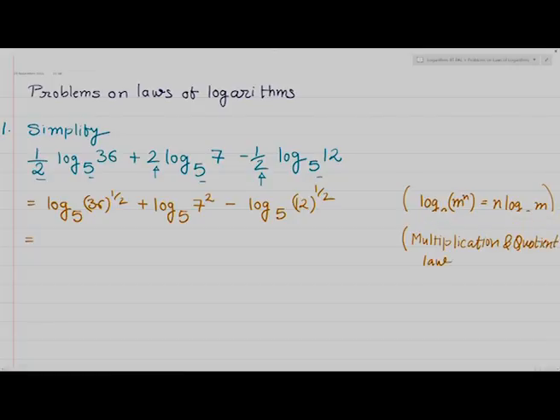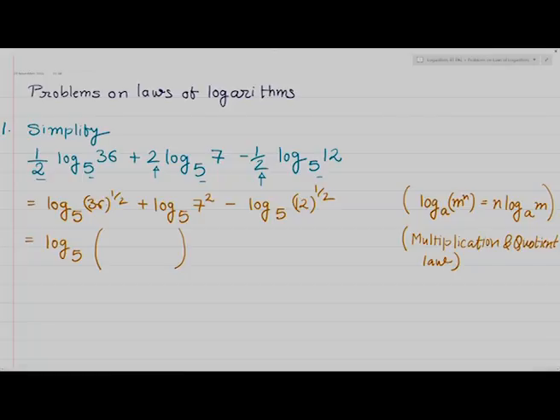These two laws will yield the result. Before doing that, what is the square root of 36? 36 is a perfect square. So, this will be log to the base 5, and since I am using the multiplication rule, I will write a big bracket.